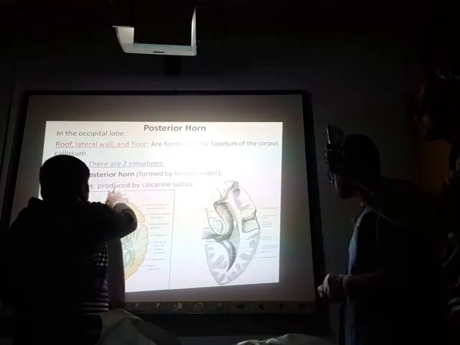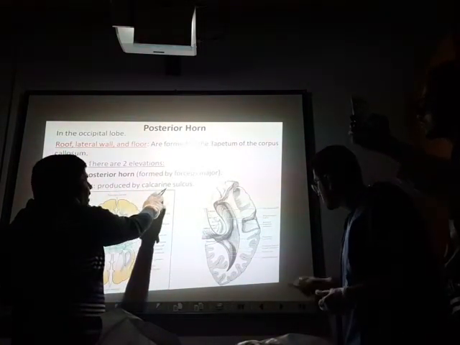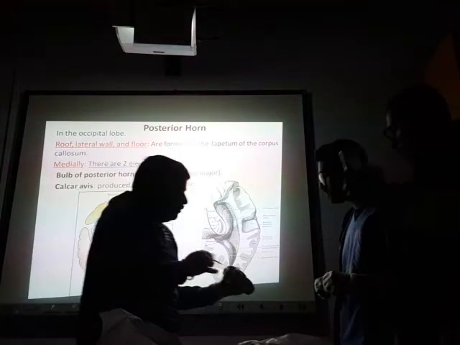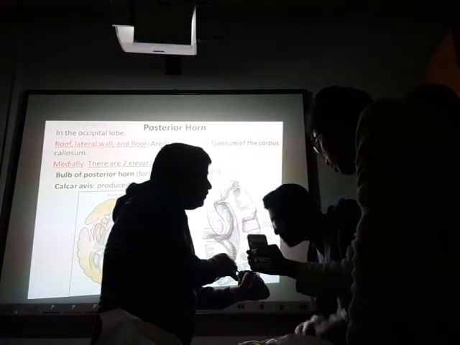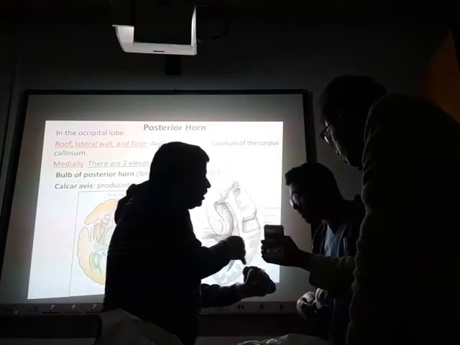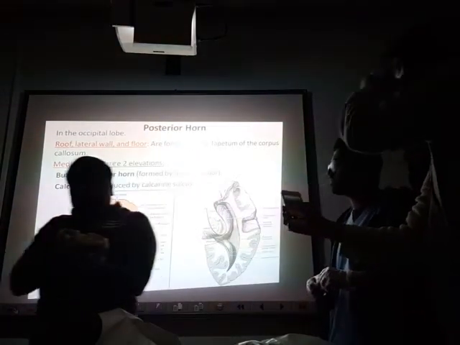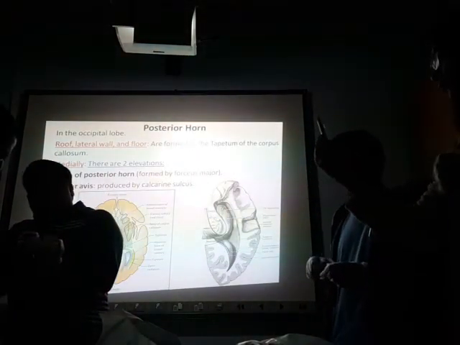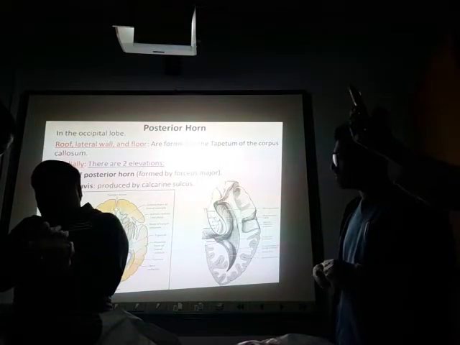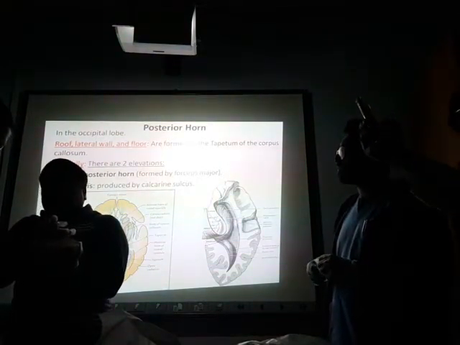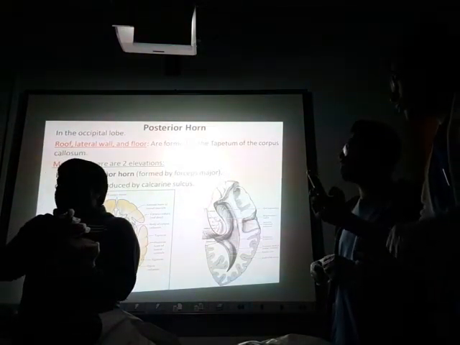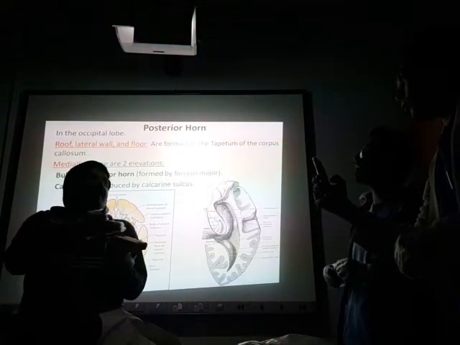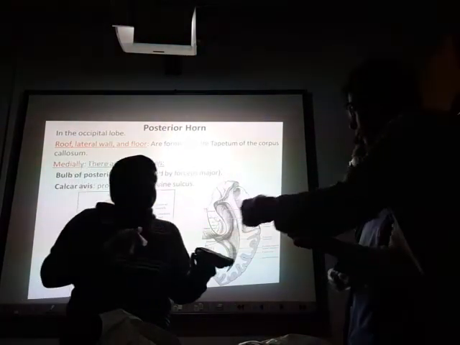Down below that, you even find the calcarine sulcus. Where is the calcarine sulcus? Here you find the calcarine sulcus on the medial side, right? So that also forms a bulge in the posterior horn. It will form one more bulge into the cavity of the posterior horn. That is called calcar avis. What is that called? Calcar avis, on the medial surface. This is the calcarine sulcus.